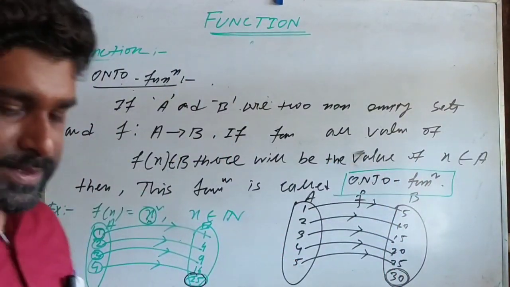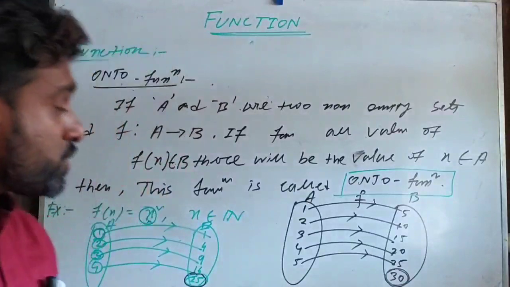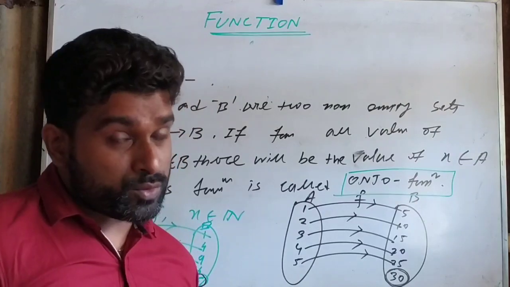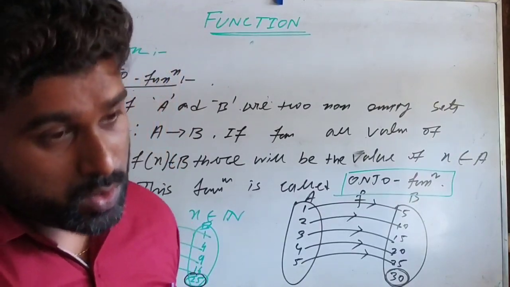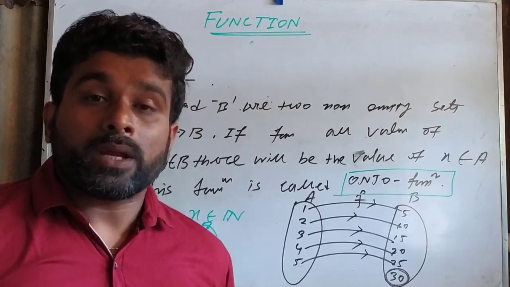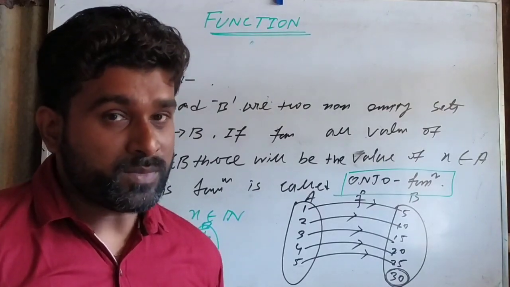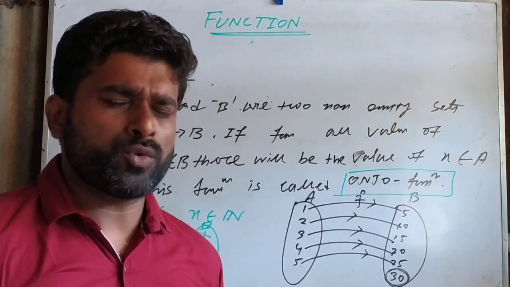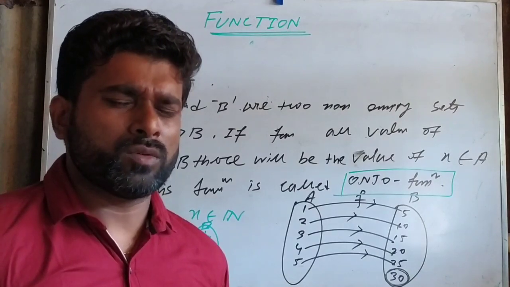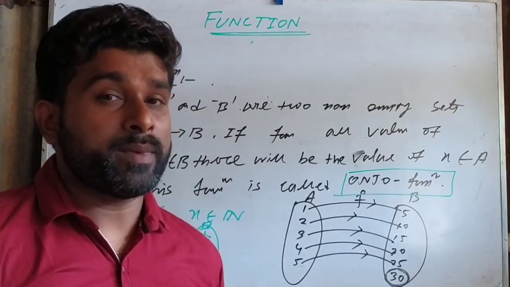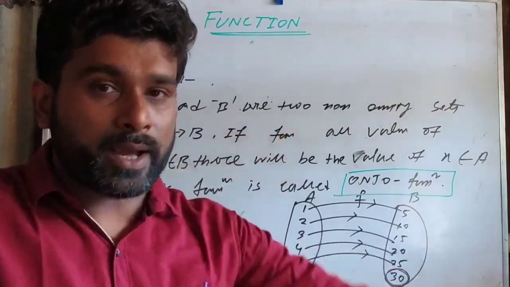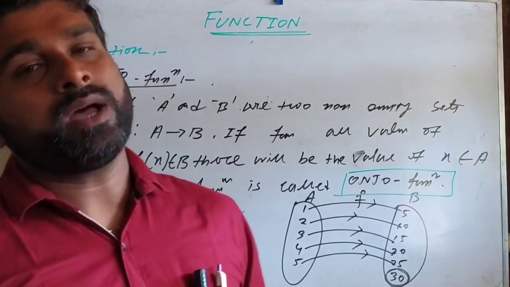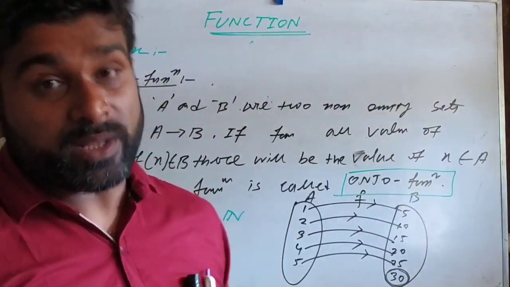Okay, that means according to the definition, they want to tell you that in the second set, no element is going to be left which has no bonding or mapping with the first set elements as well. That means concisely you can say that in the second set, that means in the output set, no element or no value is going to be left. कोई भी एलिमेंट सेकंड सेट में बाकी नहीं रहेगा जिसका कोई बॉन्डिंग और या फिर मैपिंग नहीं है फर्स्ट सेट का जो एलिमेंट्स हैं उसके साथ, दैट मींस इनपुट के साथ.